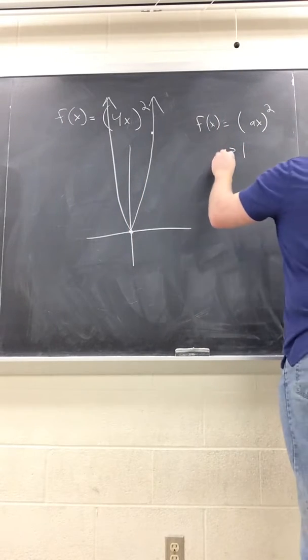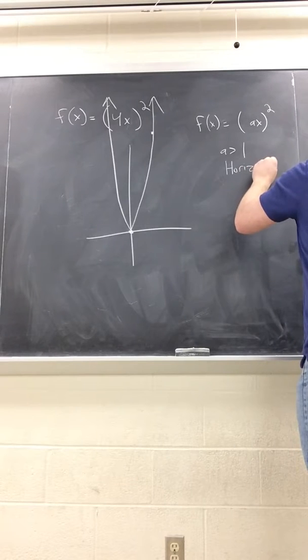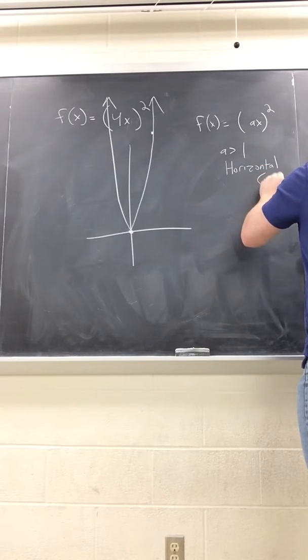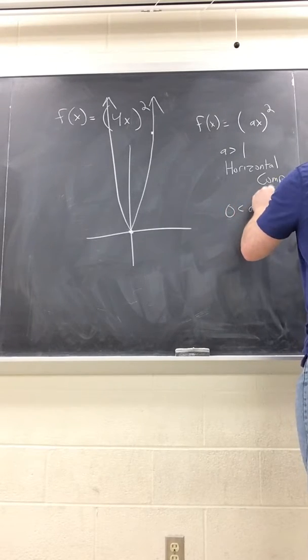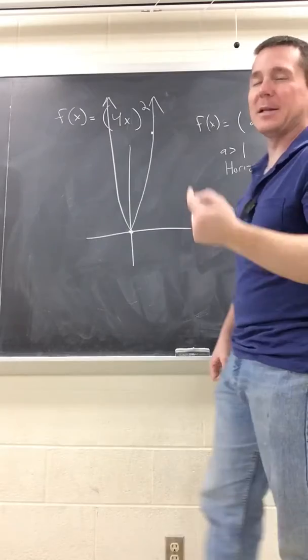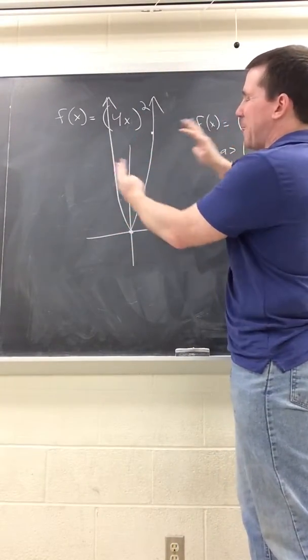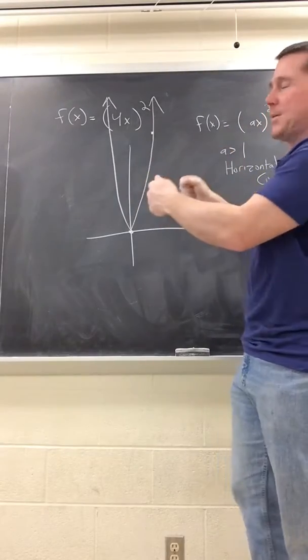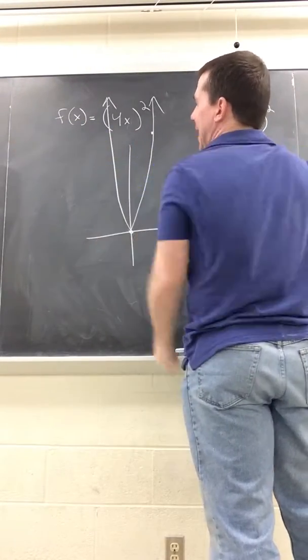So if a is greater than 1, you get a horizontal compression. And if a is between 0 and 1, we already recognized from what we did before, that will result in flattening my graph out, making it fatter. But horizontally, that means I grabbed it and I pulled it out this way to make it flatter.